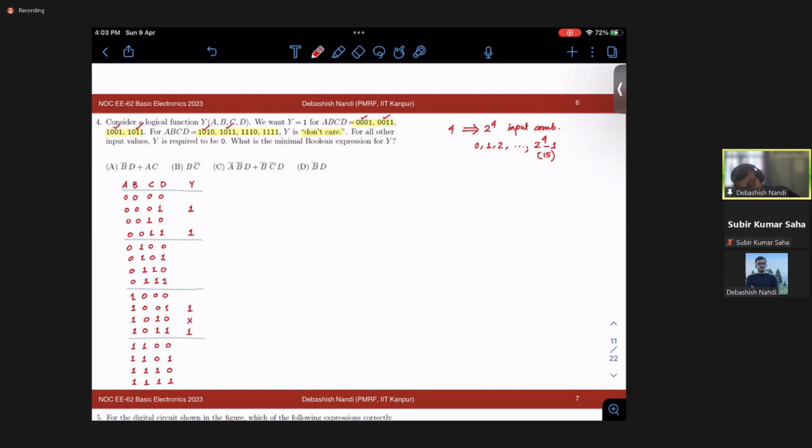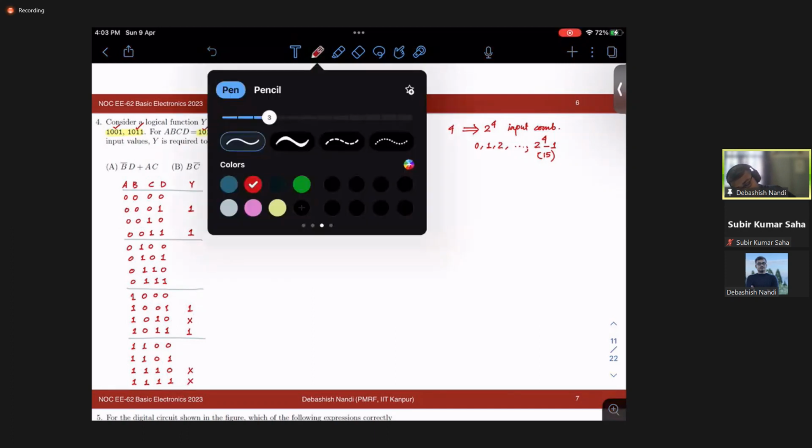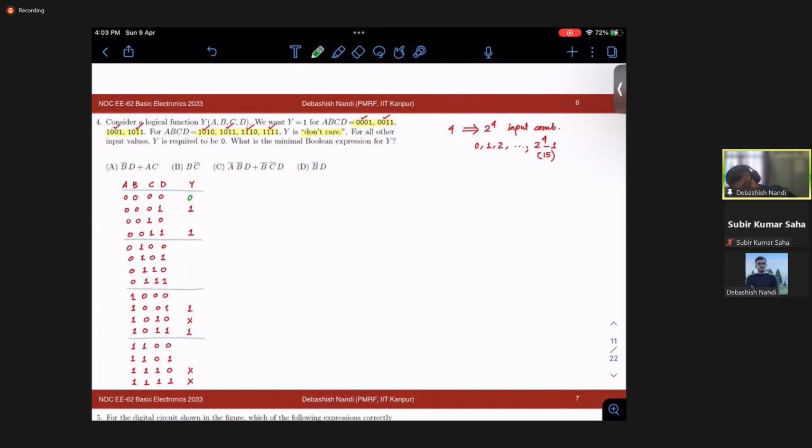Then 1011, already we have one, right? So we will not take it. 1110 is this one. And 1111. So these are given, right? And now what are remaining? Remaining things are zeros. So this is your truth table.